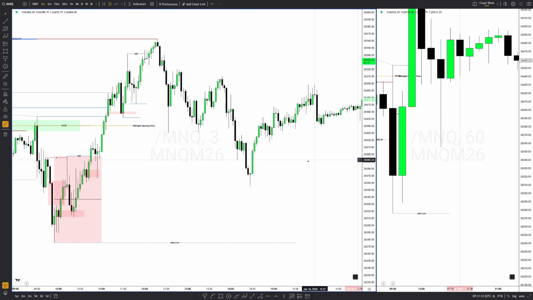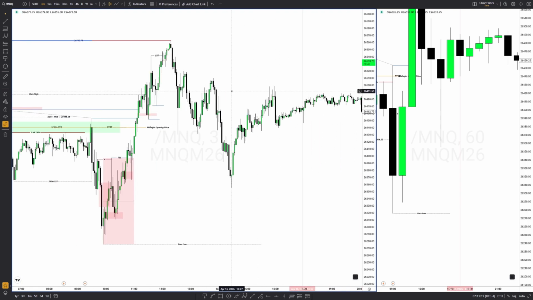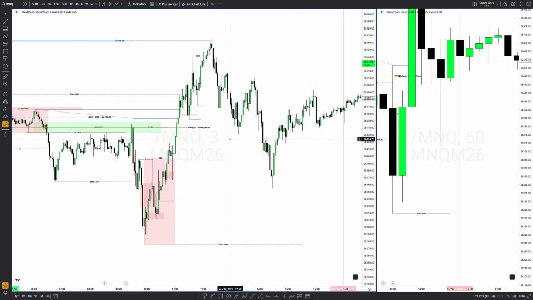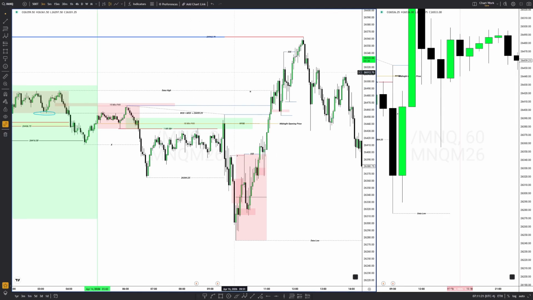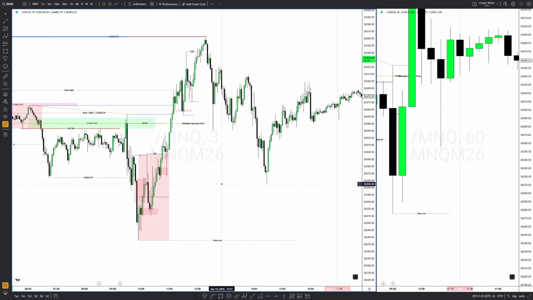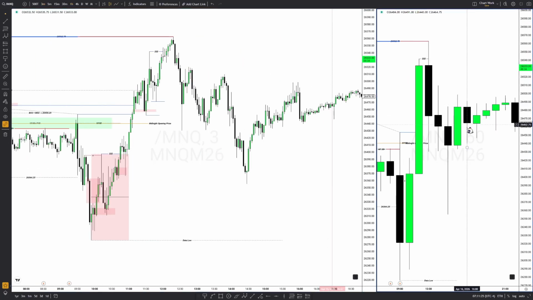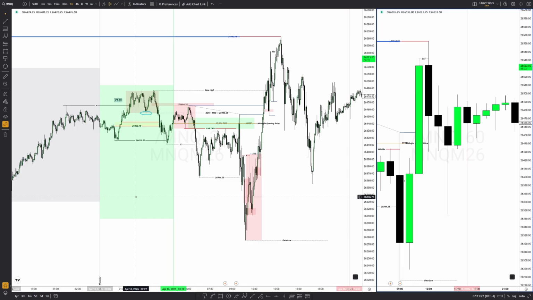And I think that was a pretty good interpretation of the handle. Really, from this markup after midnight until what it does going into the end of day and closing for the entirety of the range.